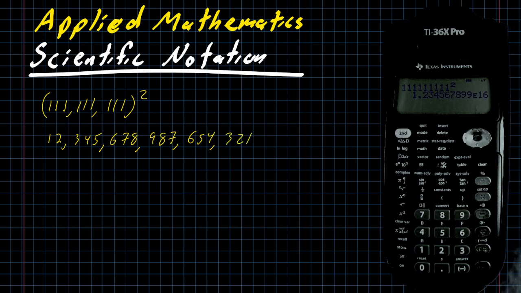If you're bored and you want to use up a sheet of paper, multiplying that out by hand is actually kind of fun. Also, you start to see why it's my favorite number. If you read across the digits, 1, 2, 3, 4, 5, 6, 7, 8, 9, 8, 7, 6, 5, 4, 3, 2, 1.